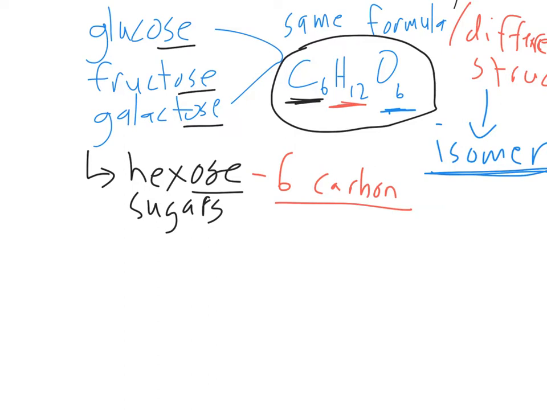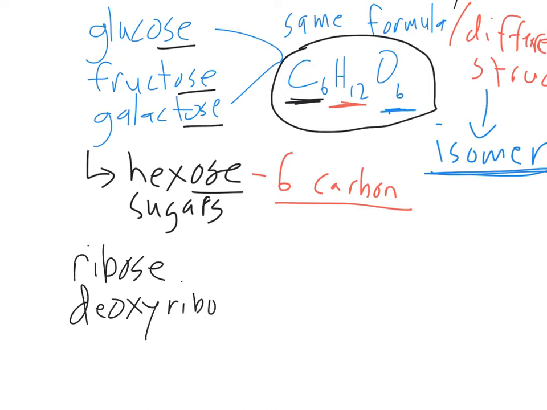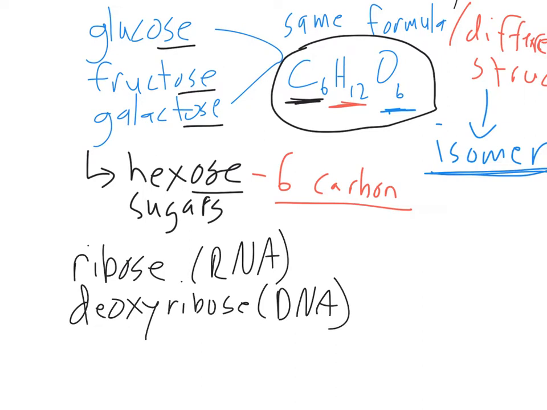All right, let me give you 2 other examples of monosaccharides, and we got to get to the disaccharides. Okay, you could also have ribose or deoxyribose. Very good. So this is the sugar in RNA. This is the sugar in DNA. Okay, and so those are structural carbohydrates. Structural carbs. But what's special about these?